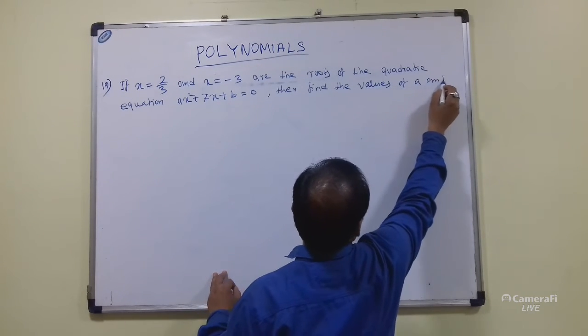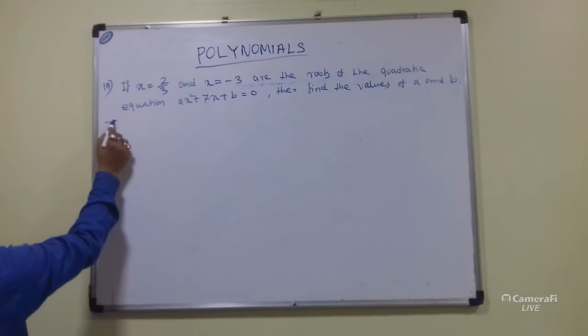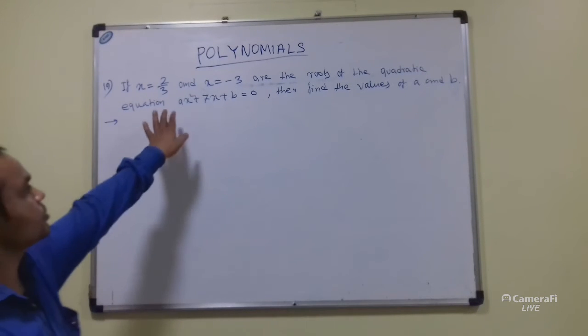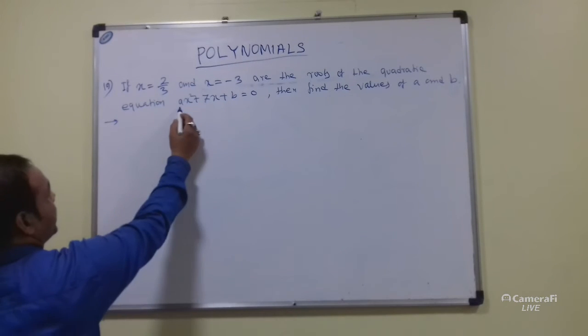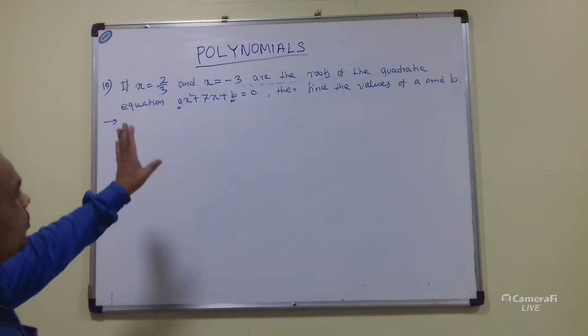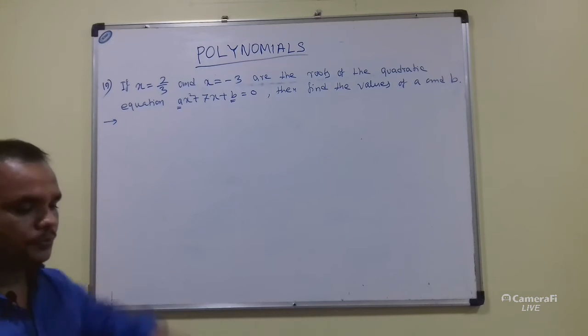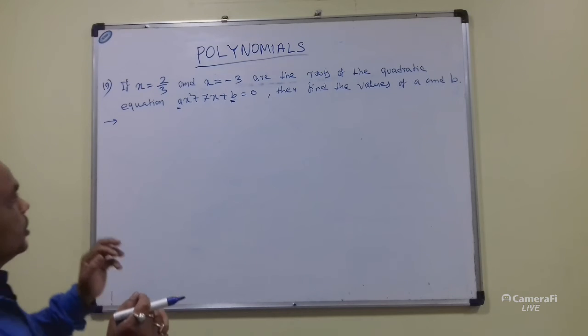a and b. So in this quadratic equation ax square plus 7x plus b is equal to 0, you can see that a and b are unknown. So we have to find the values of a and b, and two roots are given.